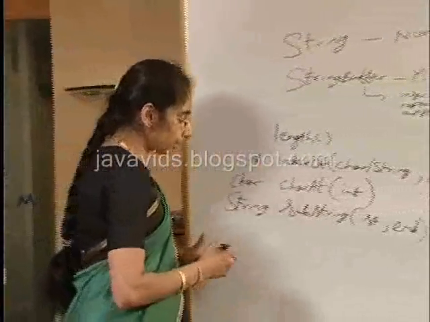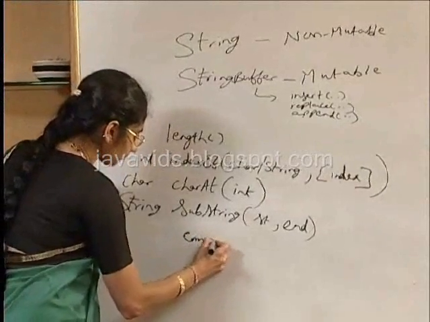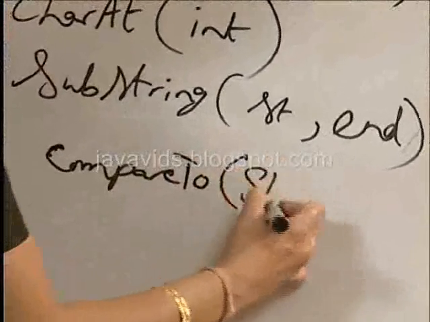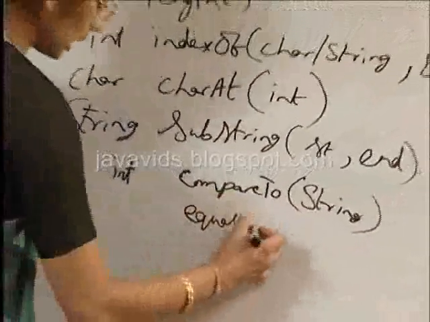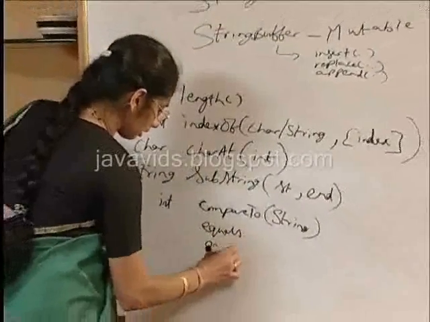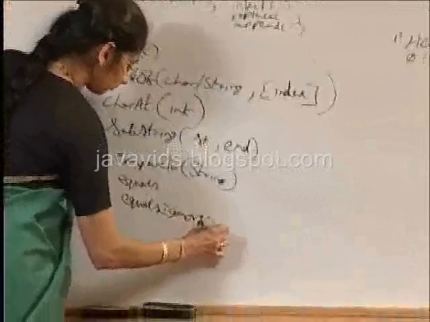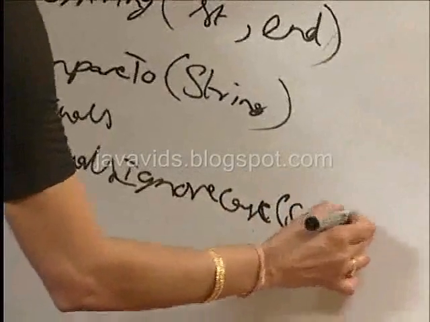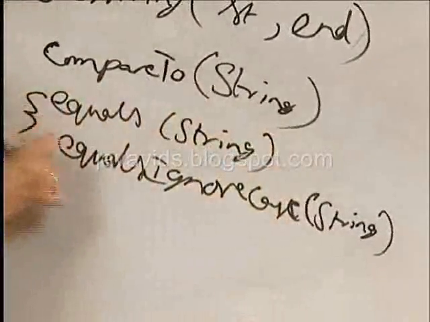So if you want to compare strings, you need to use the method called compareTo, which returns an int value, or you use equals or equalsIgnoreCase of string, which returns a boolean.